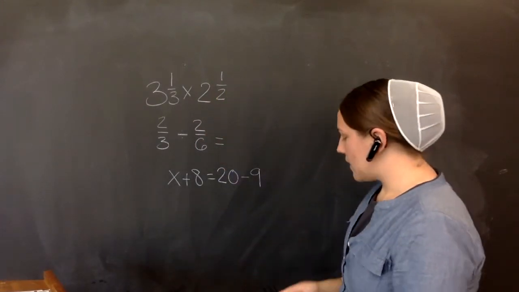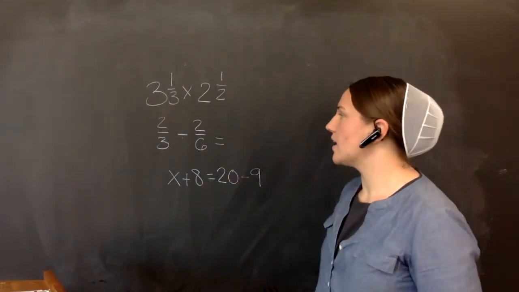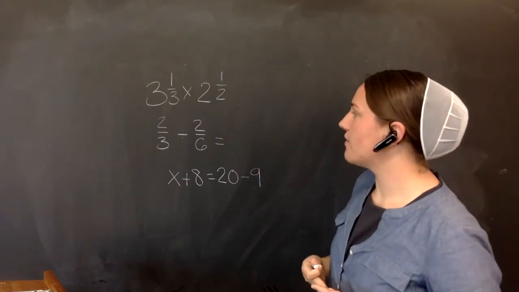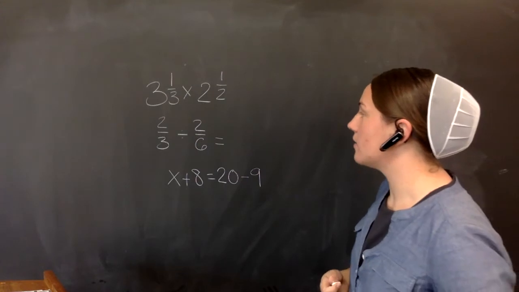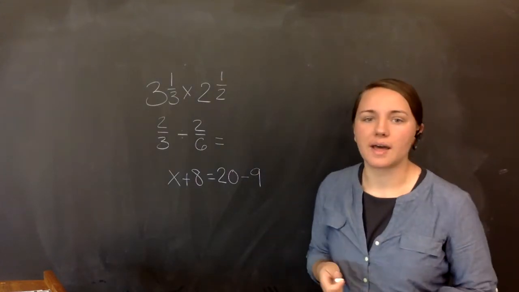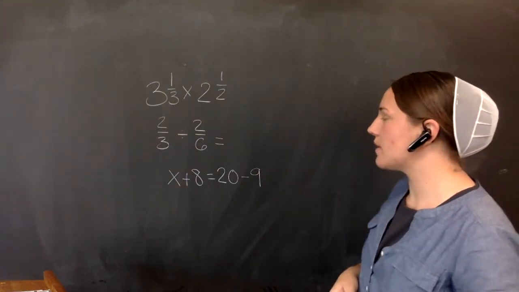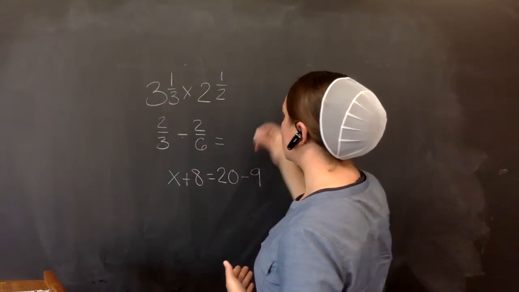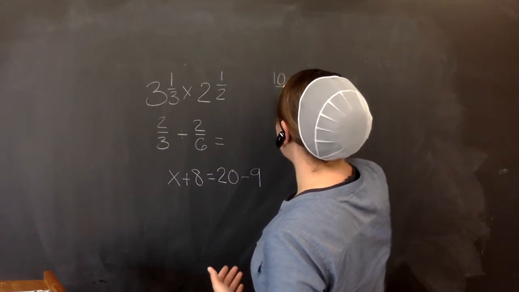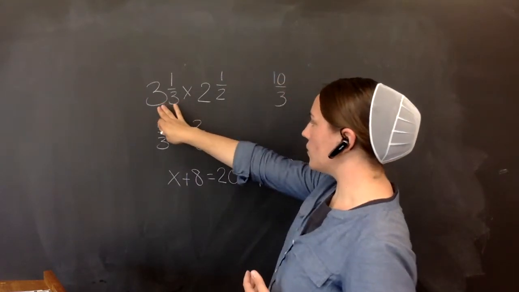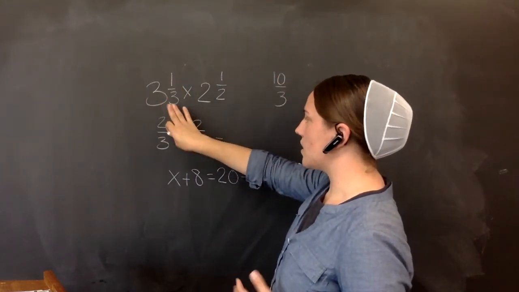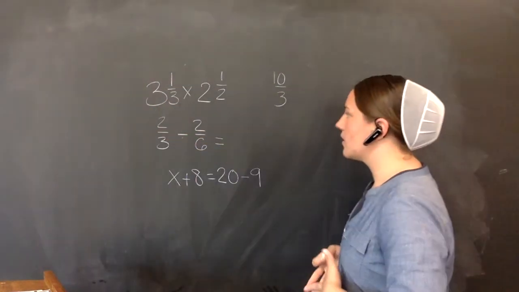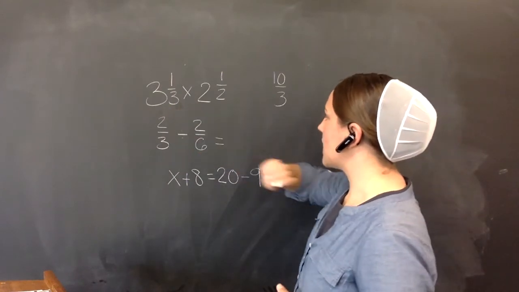Okay, so on the board today we're reviewing multiplying and dividing fractions and mixed numbers and then equations. So first of all, we have two mixed numbers, and we're multiplying them. In order to do that, we first have to make them improper fractions. So 3 1/3 can be changed to 10 over 3 because you multiply the denominator by the whole number and add the numerator and keep the denominator the same.